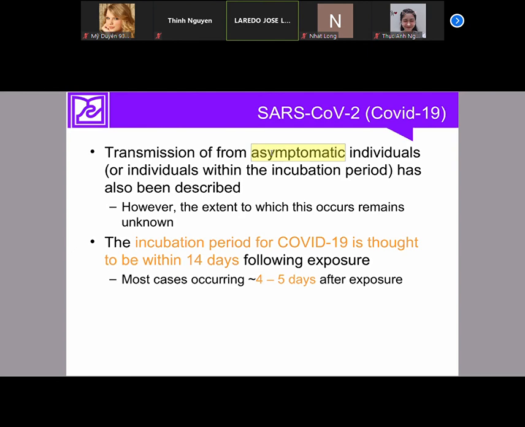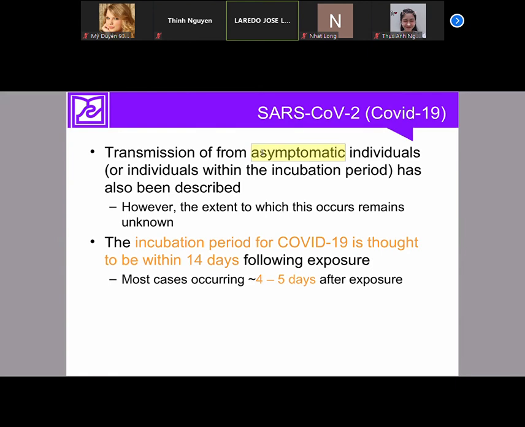Why? Because it seems that asymptomatic people or people with a very mild disease can also transmit the disease. This is very difficult to control, because if most people are asymptomatic or very mild and they can transmit the disease, it's very difficult to identify them.